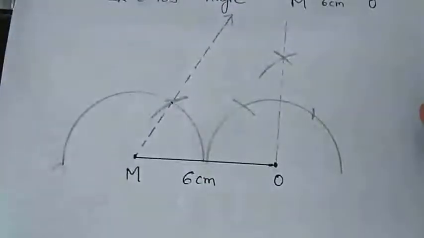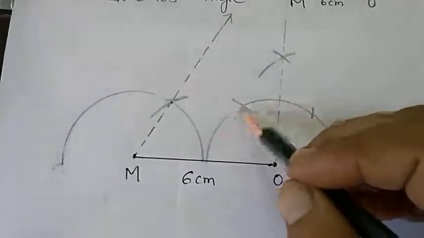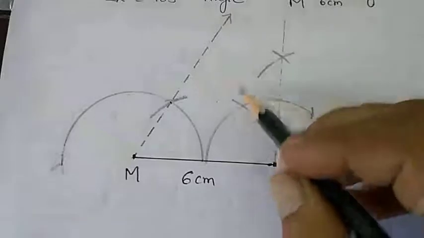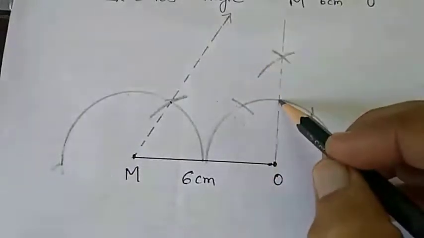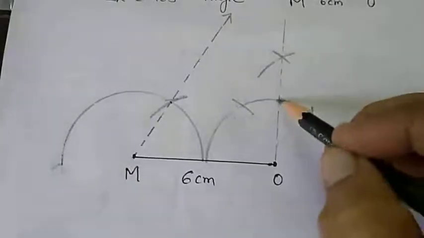So this will give me 90 degree. But actually if I am doing inside then it will be 60, and between 60 and 90 there will be 75, and between 90 and 120 there will be 105. So the bisector of these two.